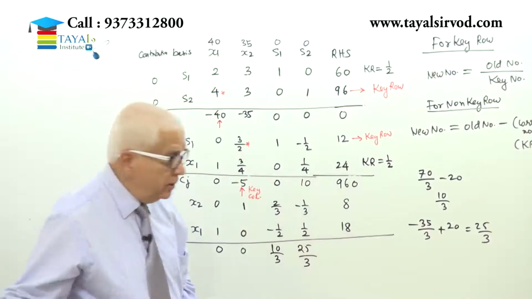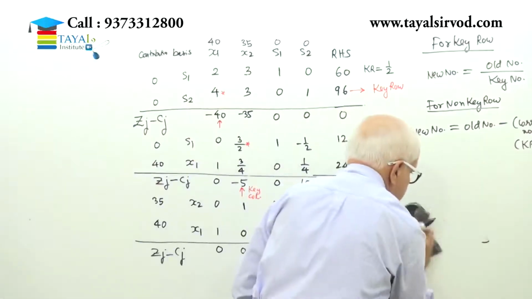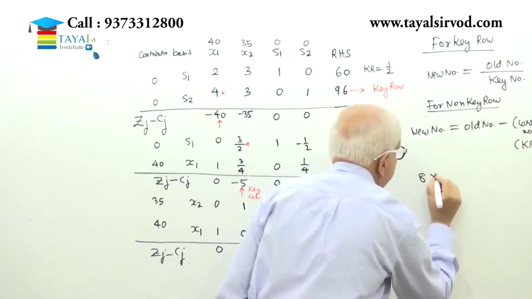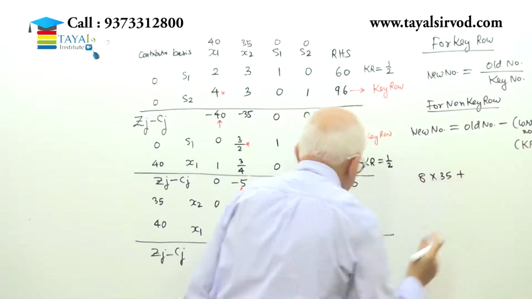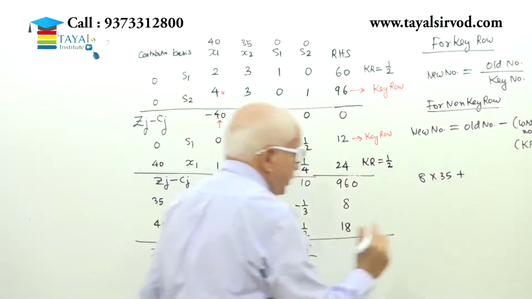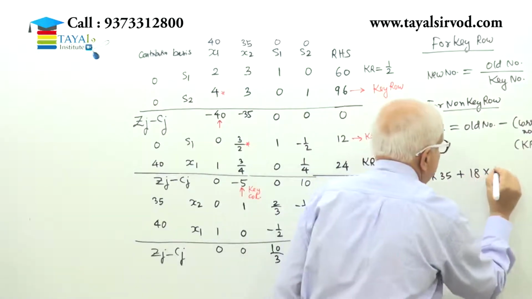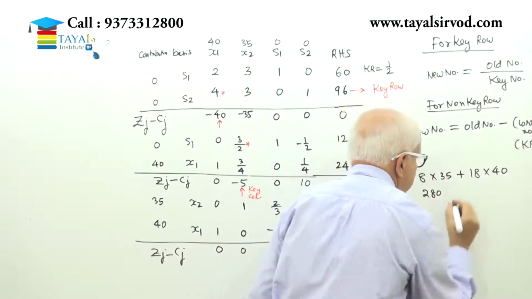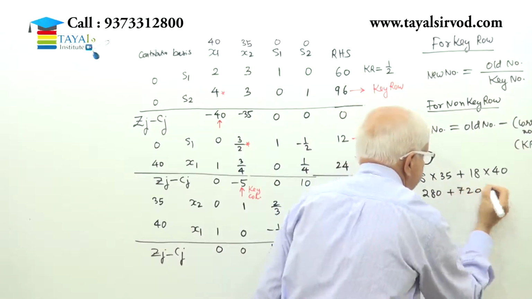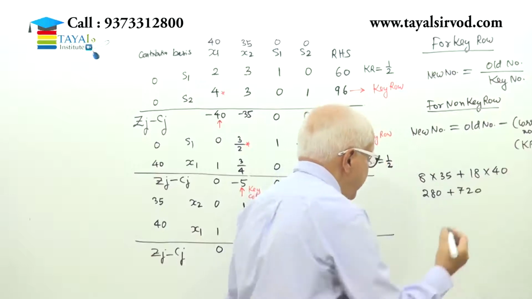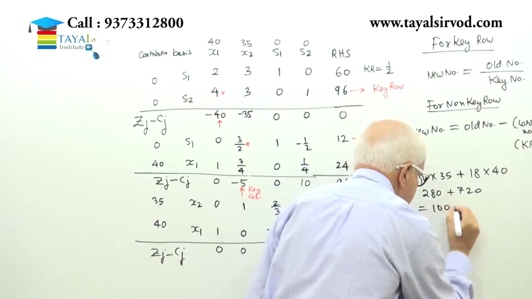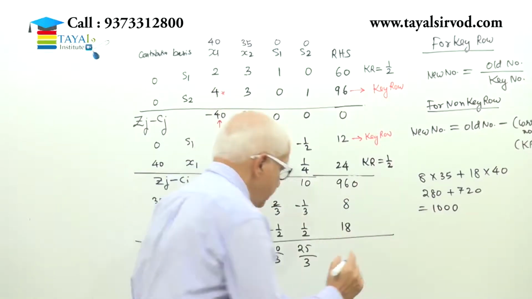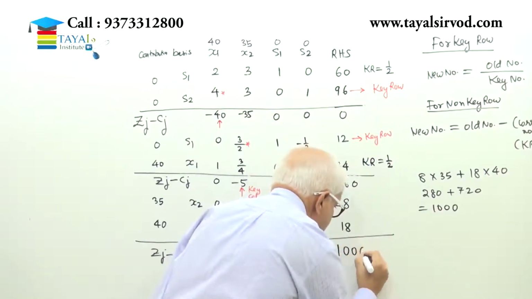Okay, so let's calculate. 8 into 35 plus 18 into 40. 35 into 8 is 280, plus 18 into 40 is 720. 720 plus 280 is 1000, and this is 1000.